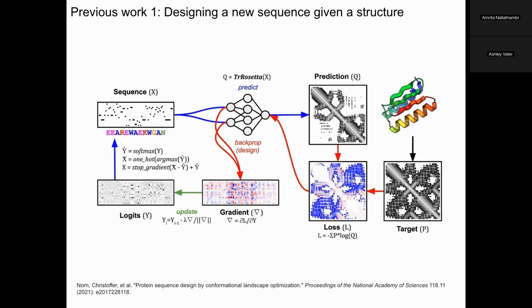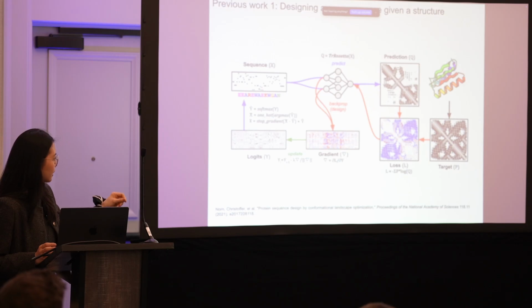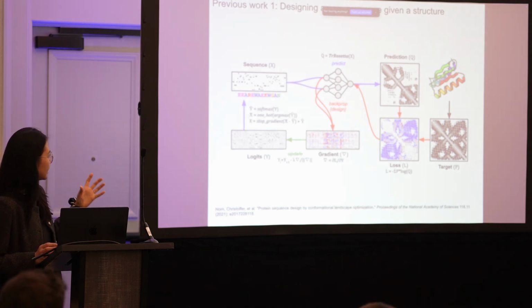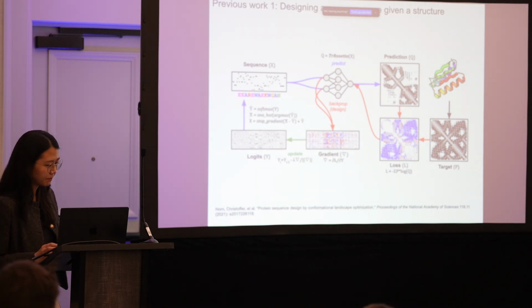The way they use the hallucination technique is they have a specific target they want to design, and they start with a random amino acid sequence. You make your model predict the structure, optimize the loss between the predicted structure and the target structure, and try to minimize the loss and get a sequence that can actually fold into your target structure.